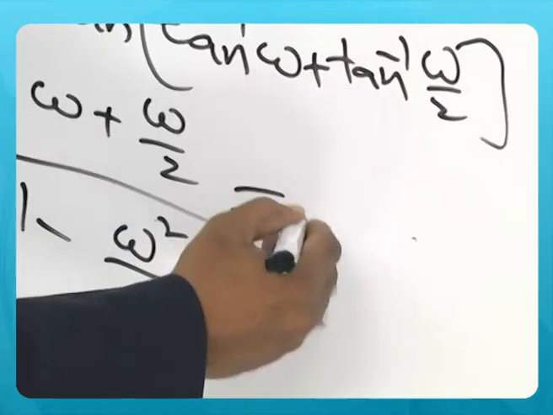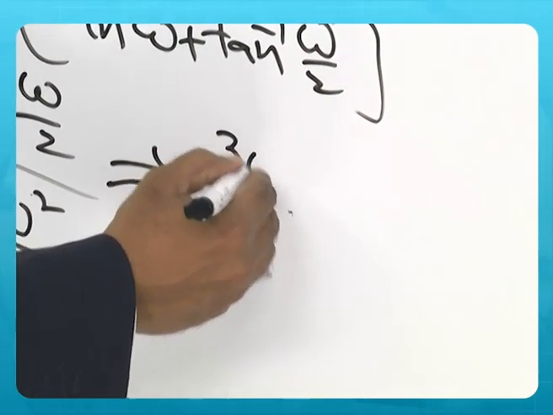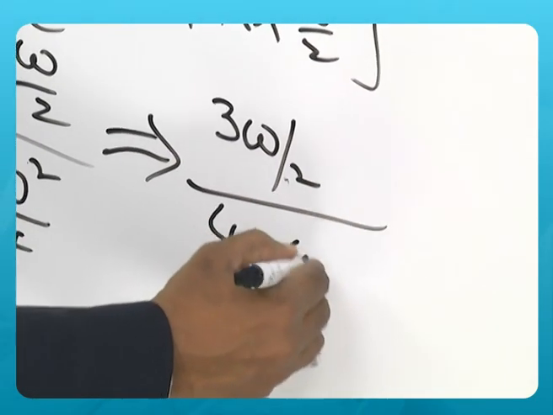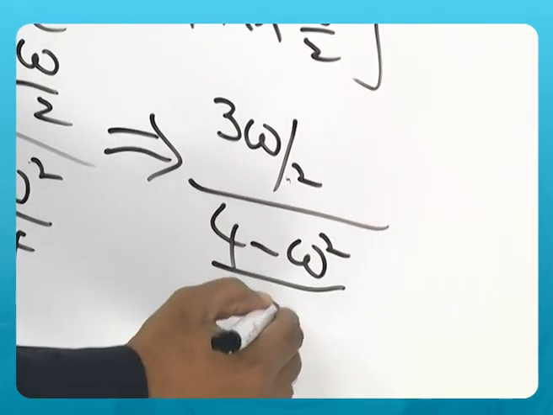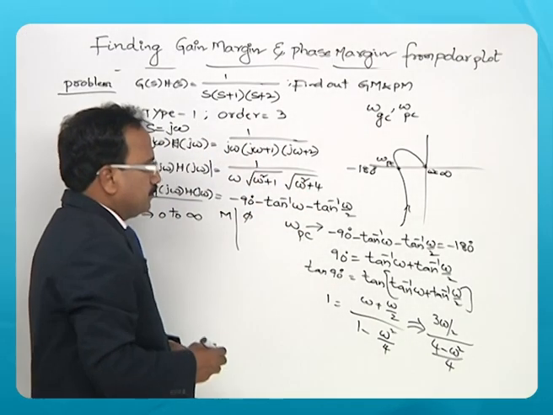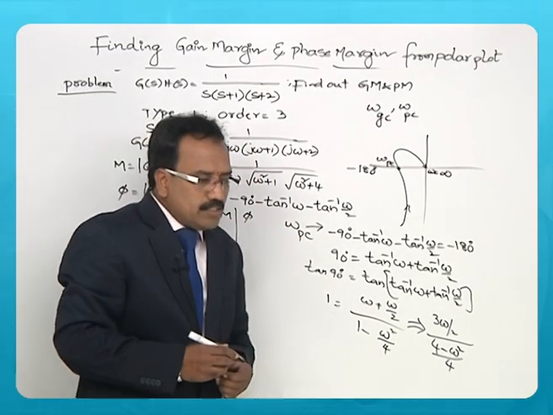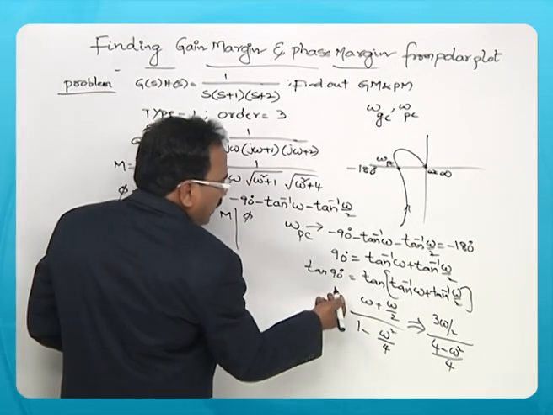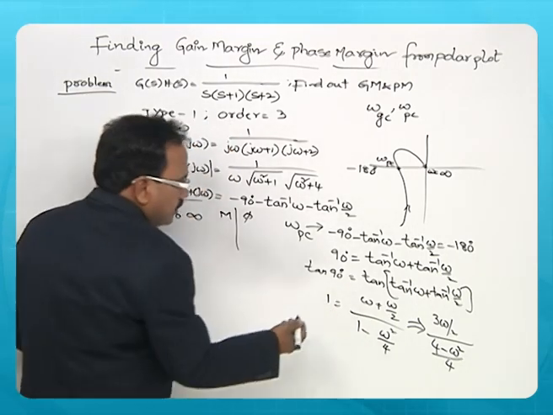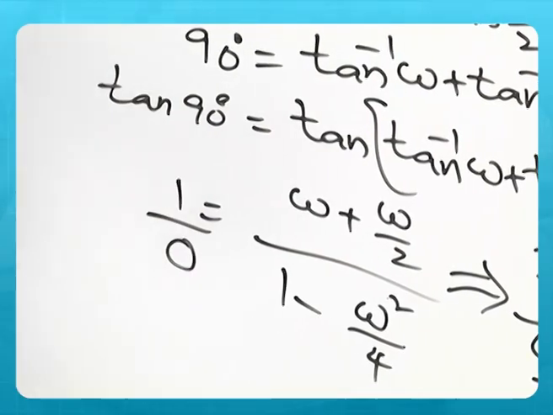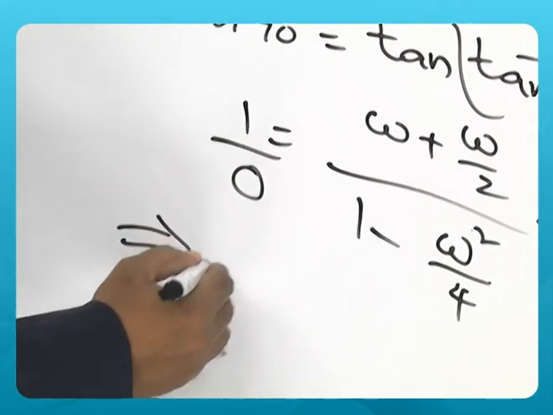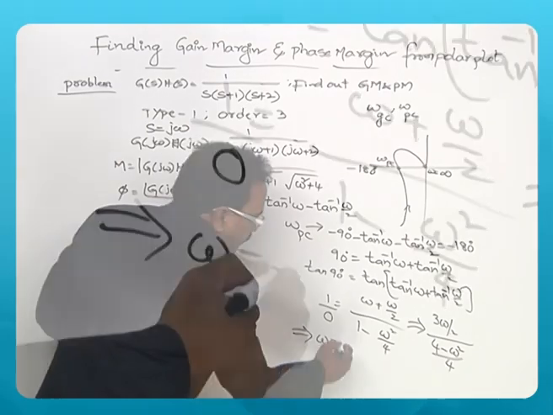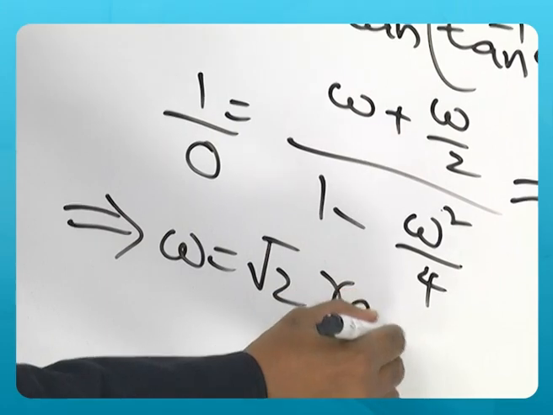So, this is (3 omega by 2) / (1 minus omega square by 2), and this is actually equal to tan 90, which is sin 90 by cos 90. So, sin 90 is 1 and cos 90 is 0, and if you solve for omega, you will get root 2 radians per second.